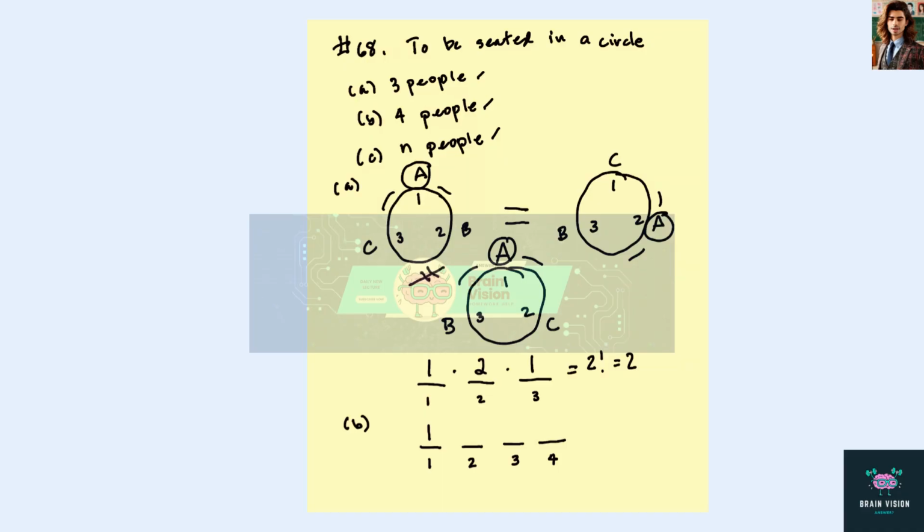In seat number 2, there will be 3 possibilities, any of the remaining 3 people. Seat number 3, 2 possibilities. Seat number 4, 1 possibility. And by the fundamental counting rule, we just multiply those numbers and get 3 factorial or 6 different ways of seating 4 people in a circle.